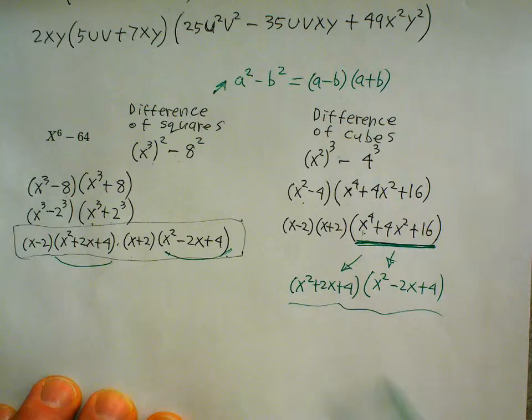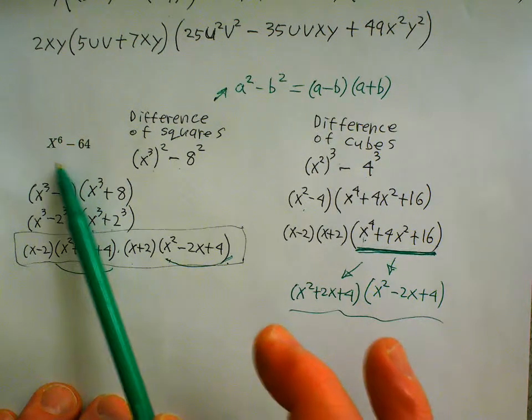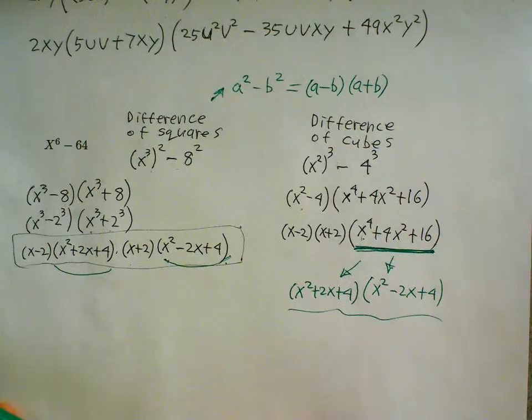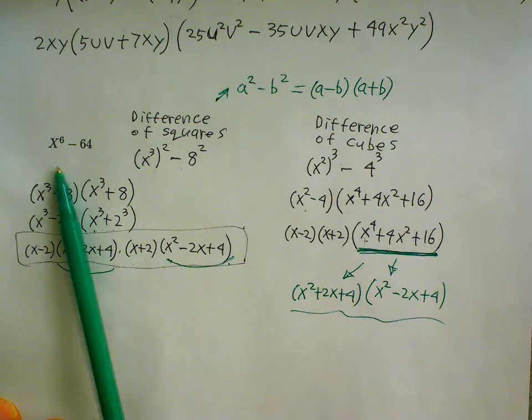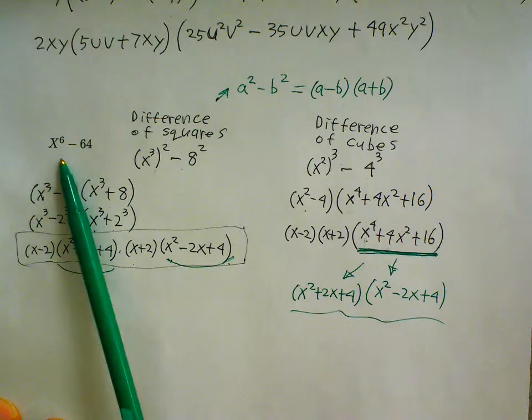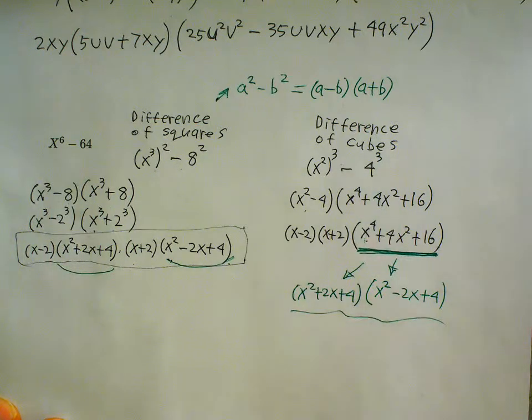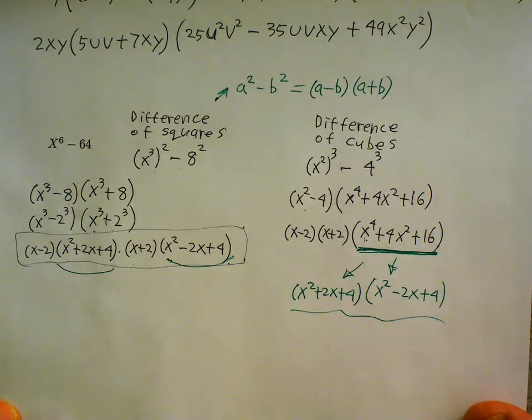Okay, but this is just an example to show you that something can be two things at once. In this case, it is a difference of squares, but it's also a difference of cubes. Okay, let's look at the next page.